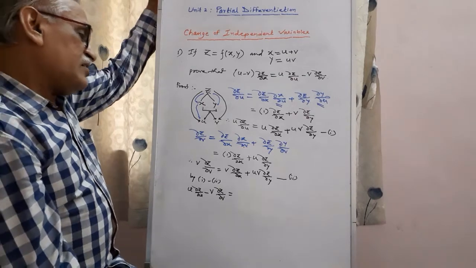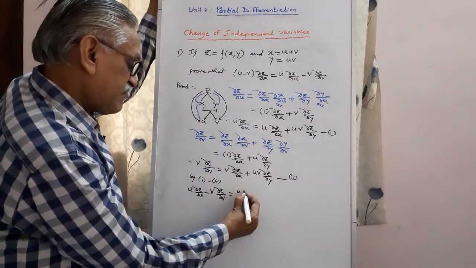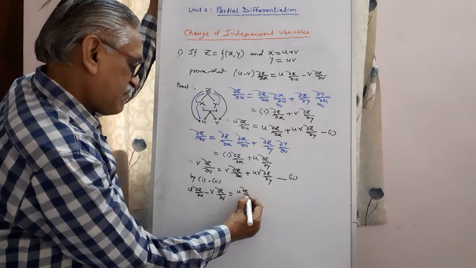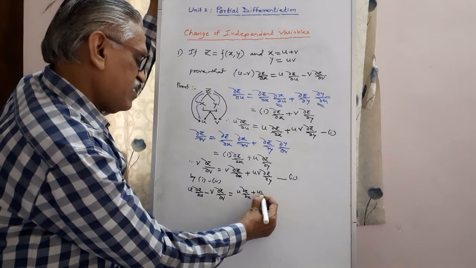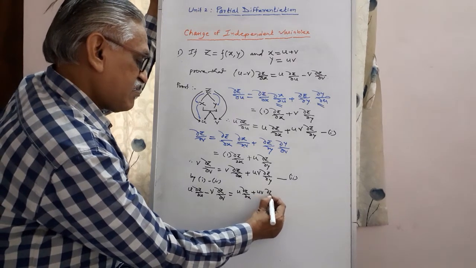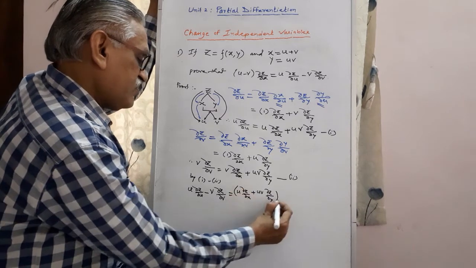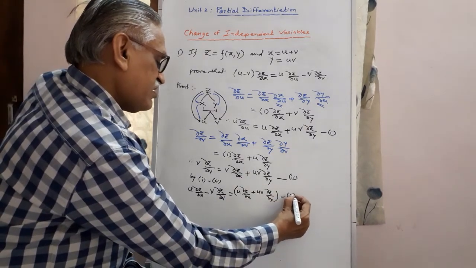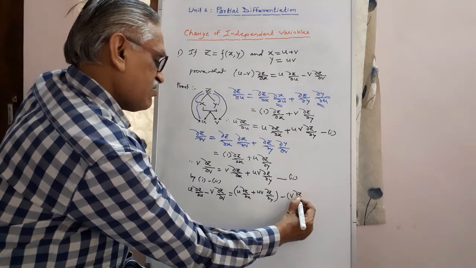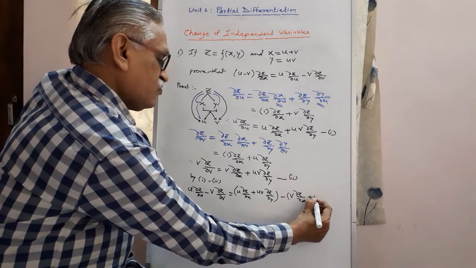Therefore it is u ∂z/∂x plus uv ∂z/∂y. From this we have to subtract this result, and that result is v ∂z/∂x plus uv ∂z/∂y.